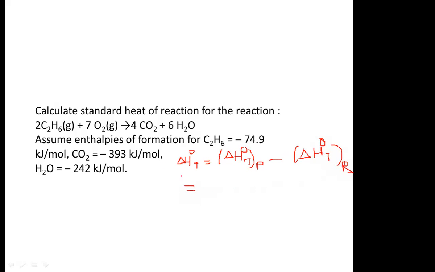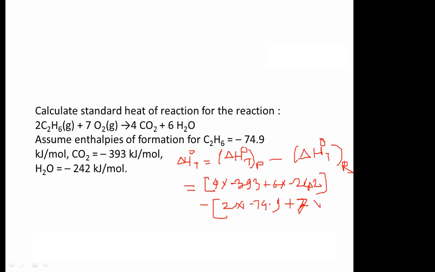Products are 4 into CO2, which is minus 390, plus 6 into minus 242, minus the reactants: 2 into C2H6, which is minus 20, plus 7 into 0.